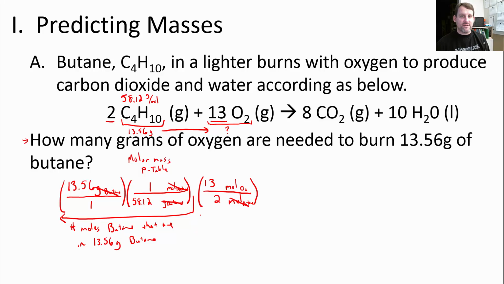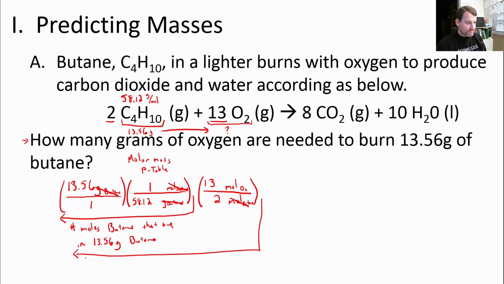All right, so now we have to ask ourselves, well, what does this number mean after each step? So from this point over, what does this number mean? What it means here is the number of moles of oxygen that you need in order to use up 13.56 grams of butane.